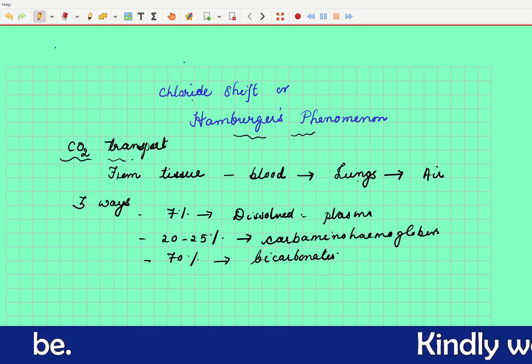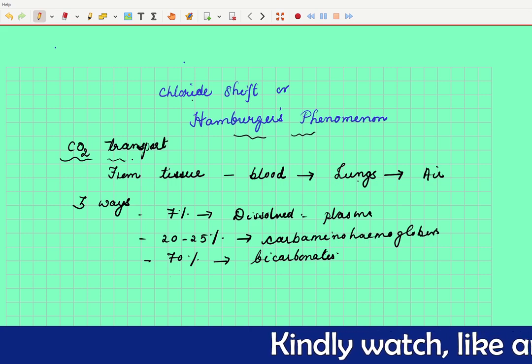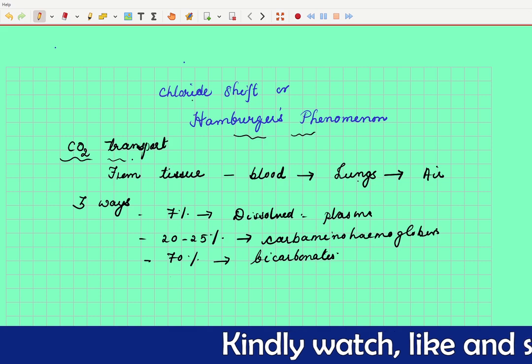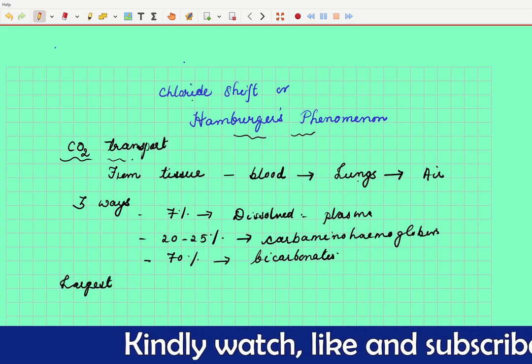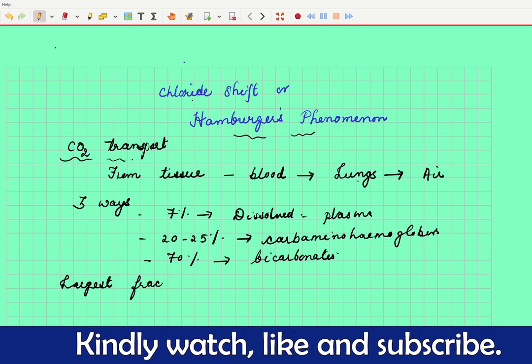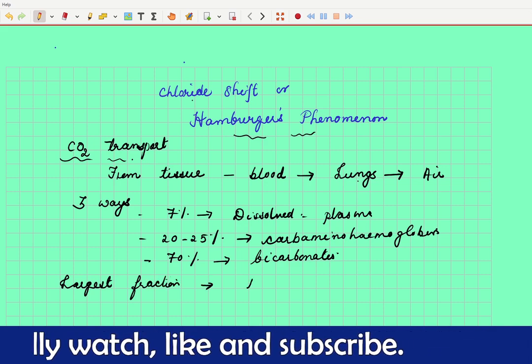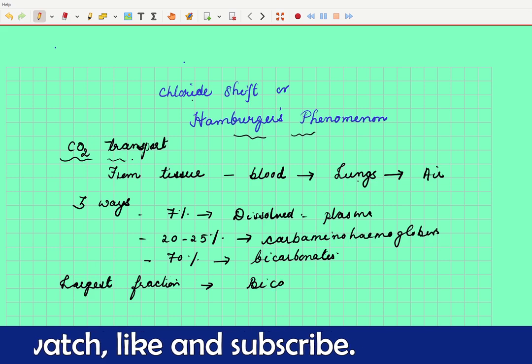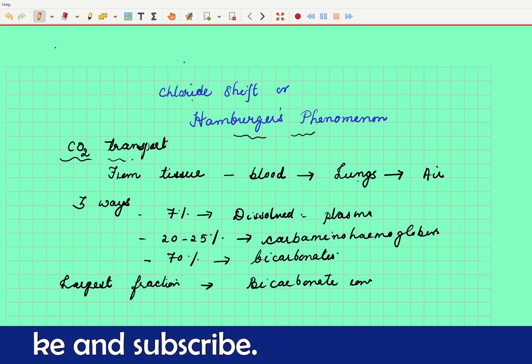And 70 percent of the carbon dioxide is transported in the form of bicarbonate ions. When you compare all these three ways, the largest fraction of the carbon dioxide is transported as bicarbonate ions.